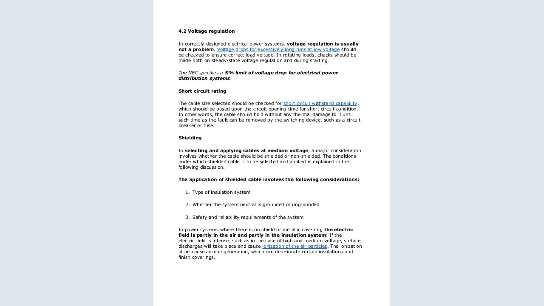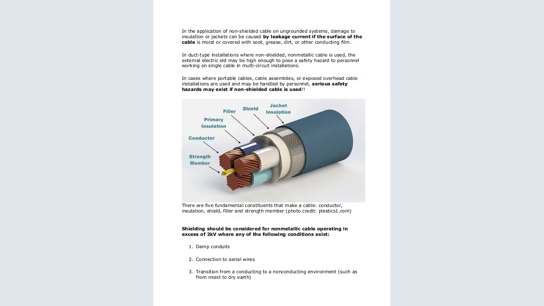The application of shielded cable involves the following considerations. Number one, the type of system, whether the system is neutral, grounded, or ungrounded, or the safety and reliability requirement. So in power systems with no shield or metallic covering, the electric field is partly in the air and partly in the insulation system. So those are major things.